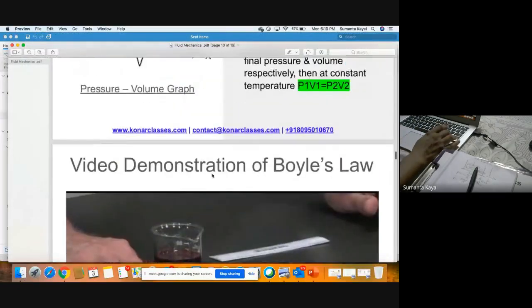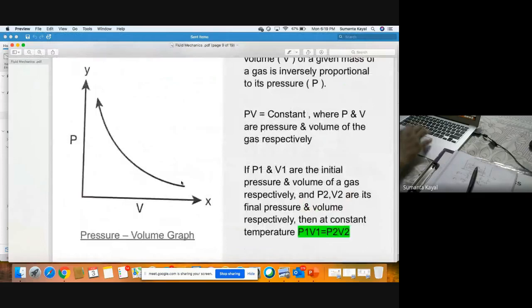If you see this Boyle's law, another example I can give in this context is the aquarium. At the bottom of the aquarium we have some air bubbles. We put some oxygen or something to keep our fishes alive. When the bubble comes up from the bottom to the surface of the water, it increases and bursts.